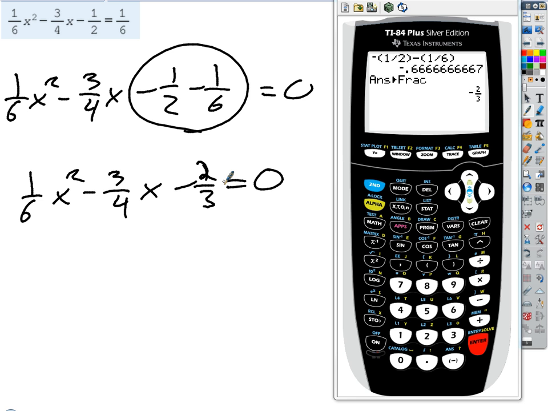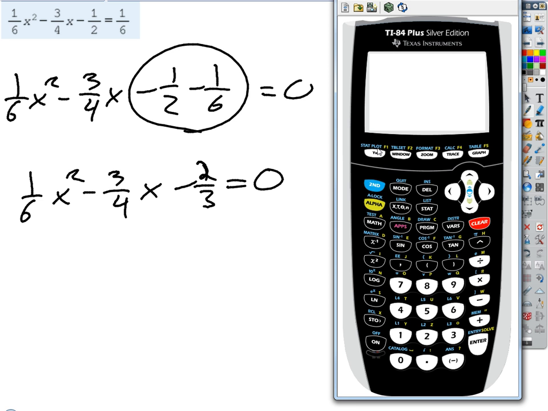There are two things we can do on the calculator that make this really easy. One thing is, you can go up to y equals and just graph that function and look for the x-intercepts. Those are the real solutions. And I'll be asking for real solutions on the graphing calculator part.